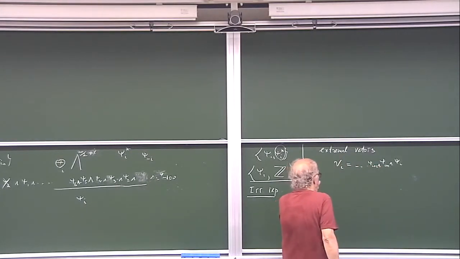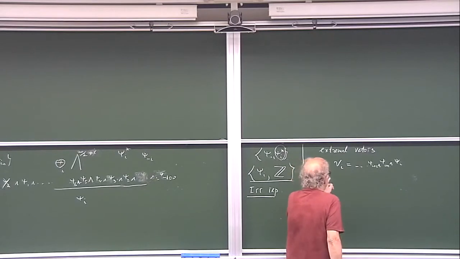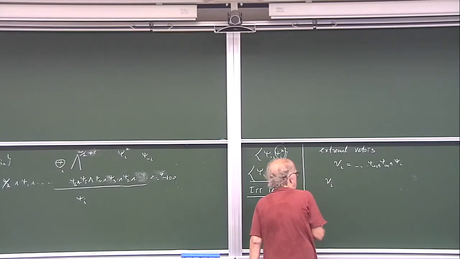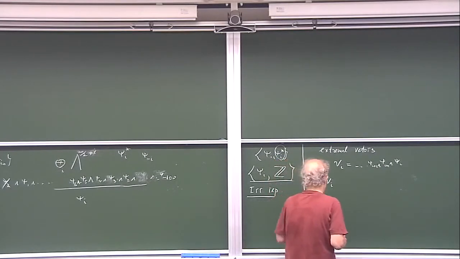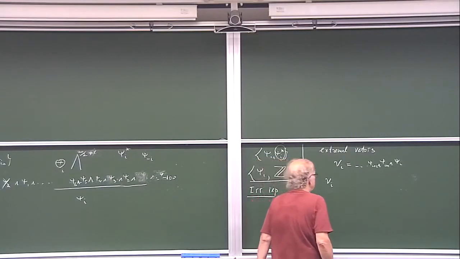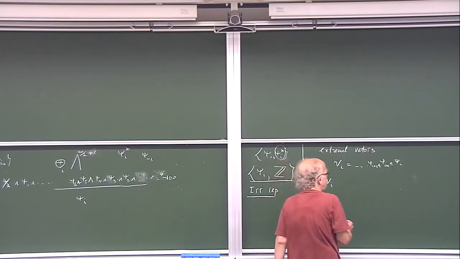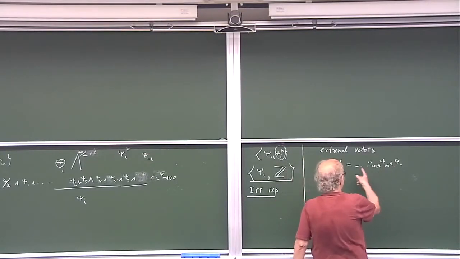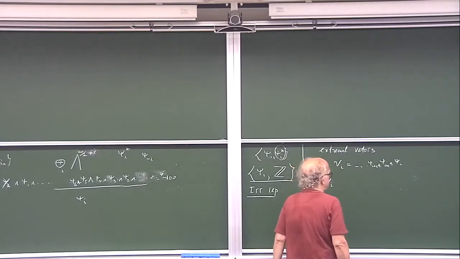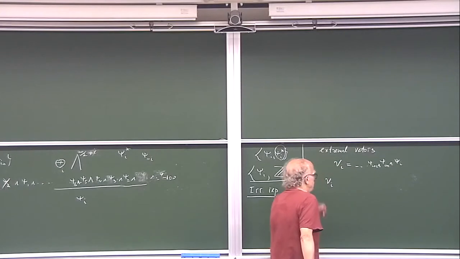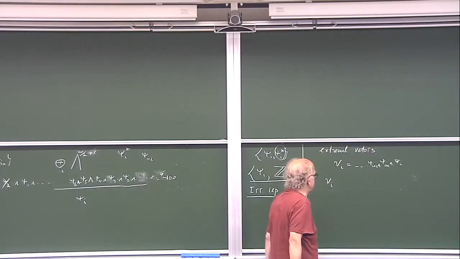And what can we do? We can take Vi and we can act on this Vi by psi. All these psi which are written here are acting by 0 on this vector.